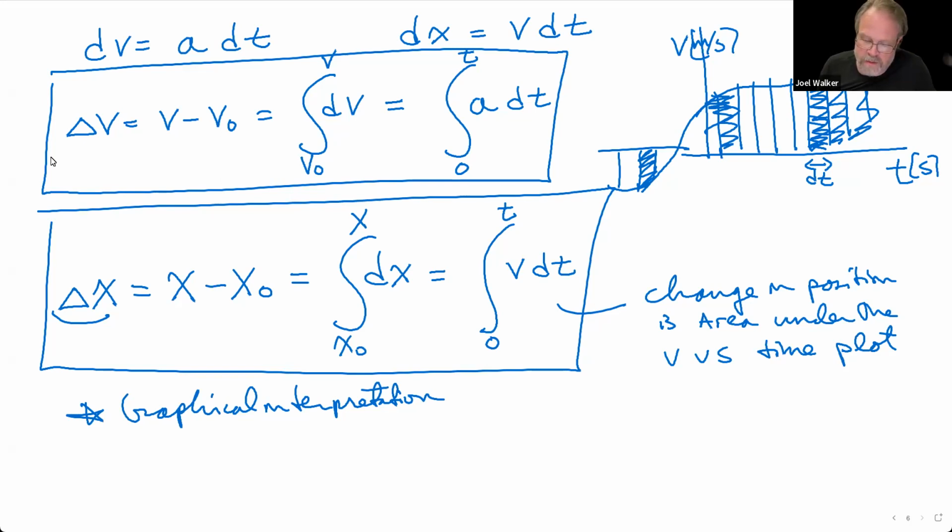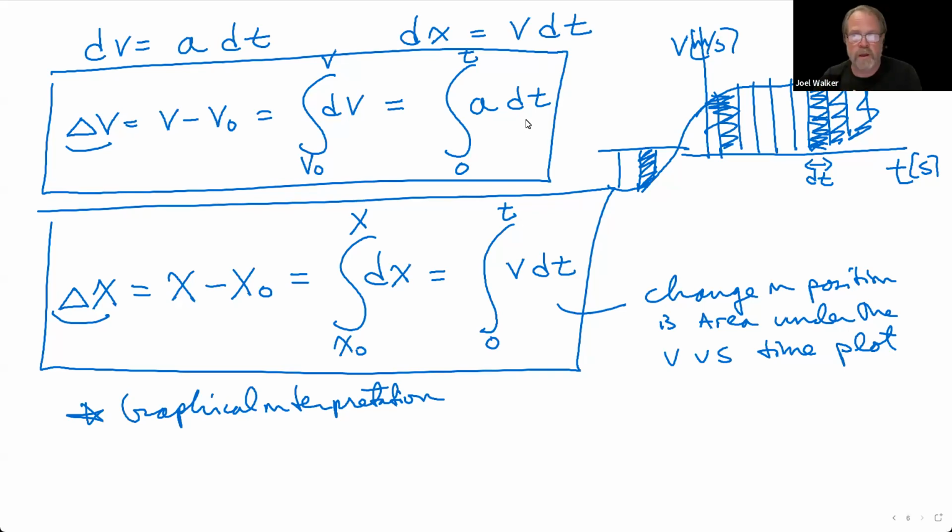Correspondingly, exactly the same thing. This equation says that changes in velocity are height times width, areas under the acceleration versus time plot. So we learn to work in one direction by taking slopes. Velocity is the slope of position. Acceleration is the slope of velocity.